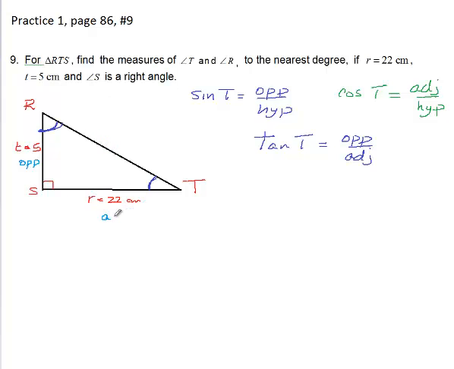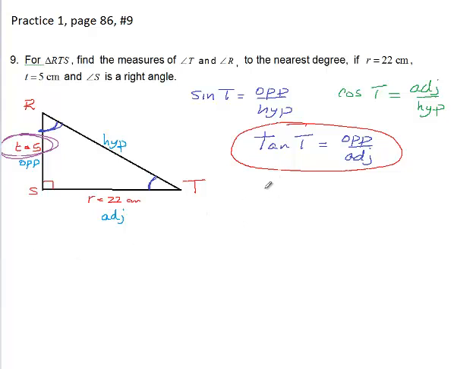So this is the adjacent side, and I'll put hypotenuse back here. Now we're looking for angle T, so use the two known sides. Which sides have values? 5 and 22. That's the two we have to use, so we have to use opposite and adjacent. Which one of the three trig ratios uses opposite and adjacent? It is tangent. So we must use tangent to find angle T.